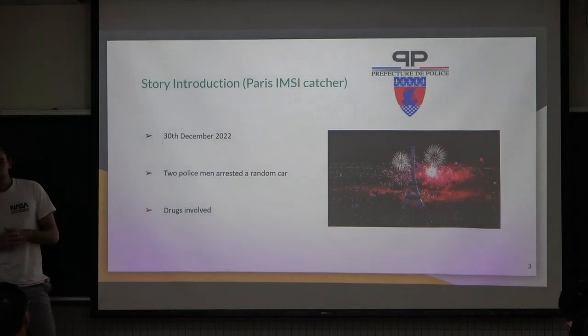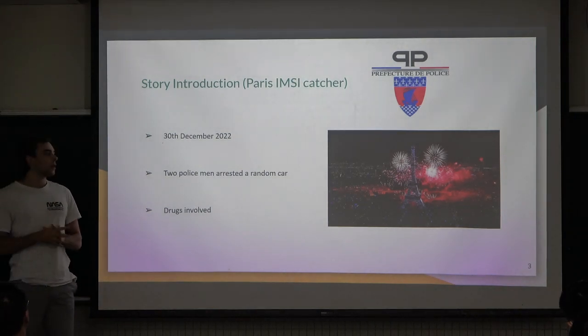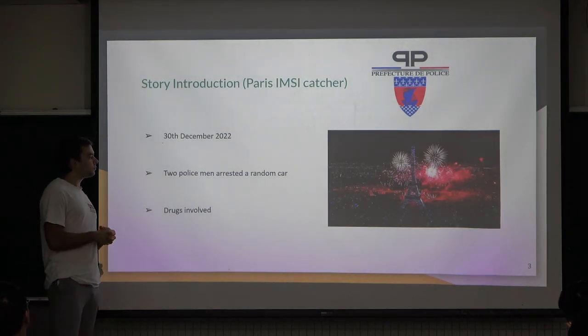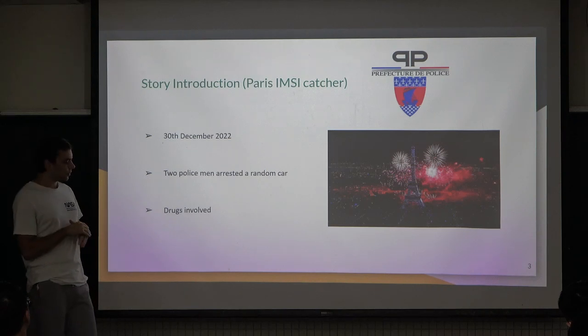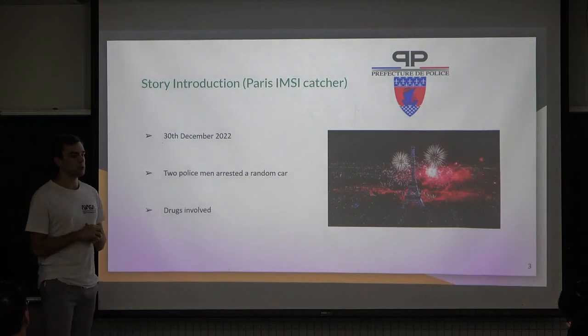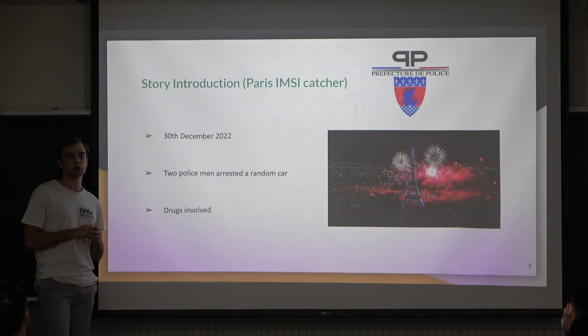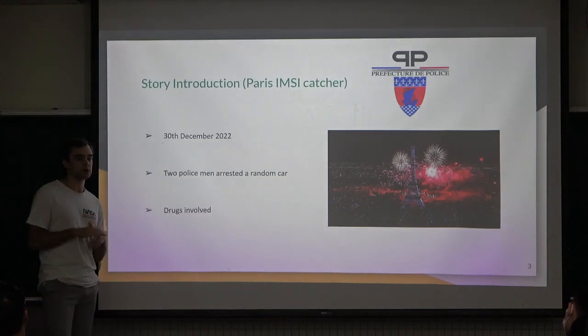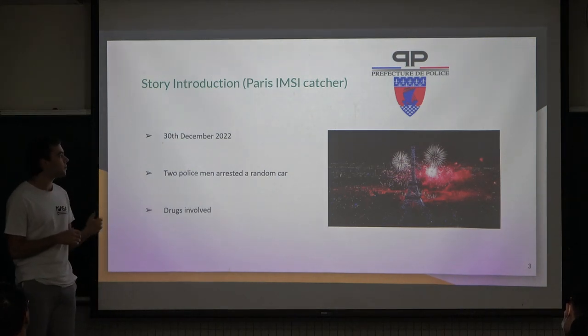So, to begin with, a short story. We are on the 30th of December 2022, last year, one day before New Year's Eve, and a police car is doing rounds in the 10th district of Paris.